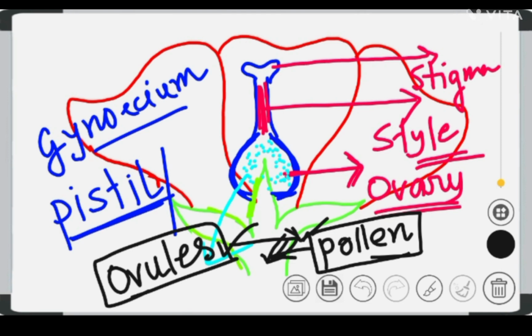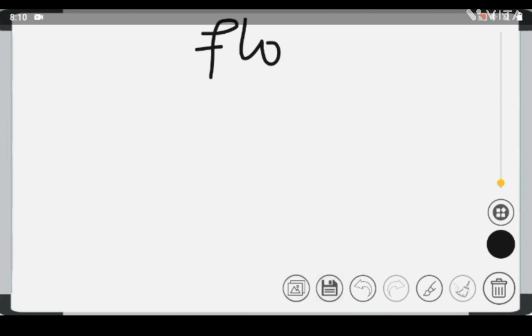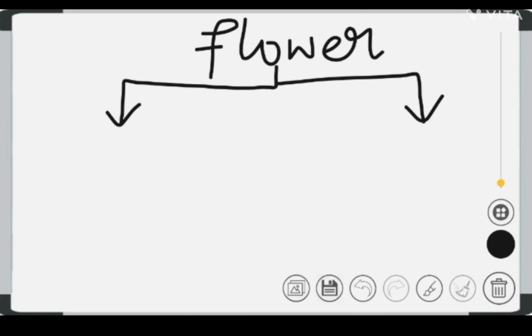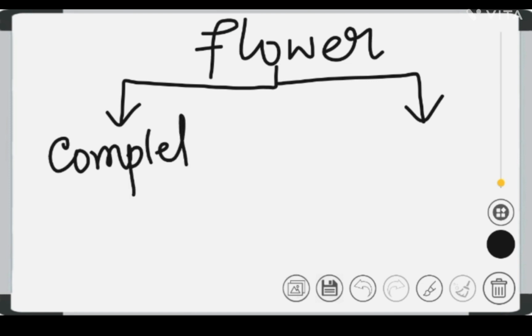As it contains the four parts, that is the sepal, petal, stamen, and pistil, we will talk about the flower types based on the presence of these parts. If all four parts are present, then this is the complete flower. If any part is missing, for example stamen or pistil, then it is known as the incomplete flower.